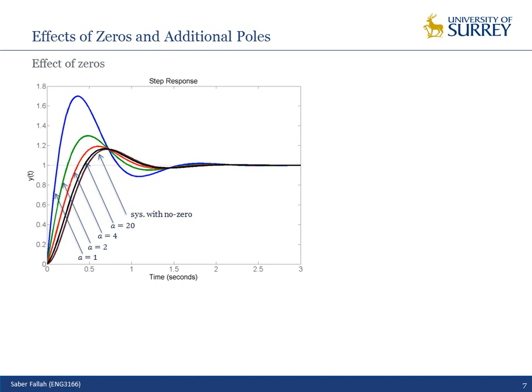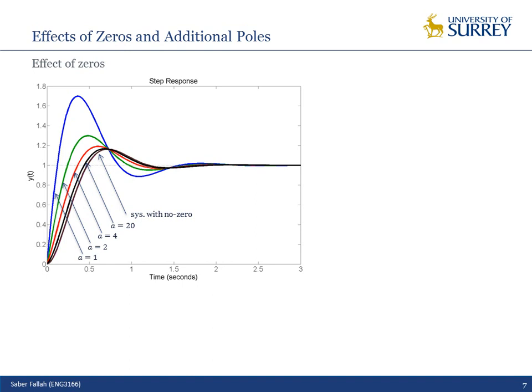But if you look at alpha equal to 20, it is almost the same as a standard system. So if I have a system whose zero is far away from its poles, it is a reasonably accurate assumption to estimate it as a standard second order system and use those relations we obtained for the standard second order system.